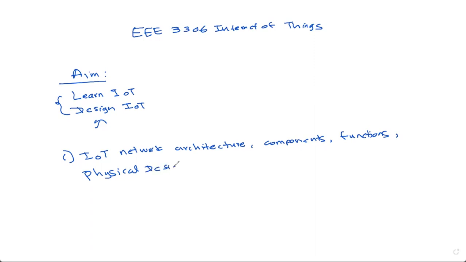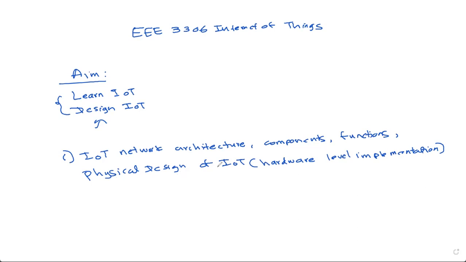Physical design of IoT. In there, we will be talking about how we can implement IoT at the hardware level. The hardware implementation of IoT is known as the physical design of IoT. So hardware level implementation involves learning about IoT in different layers.